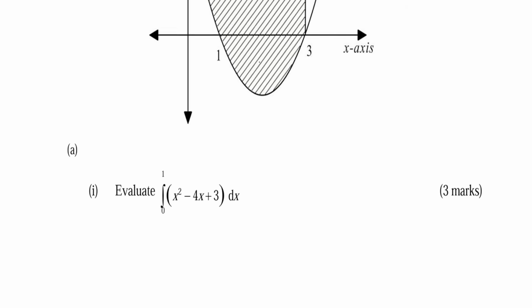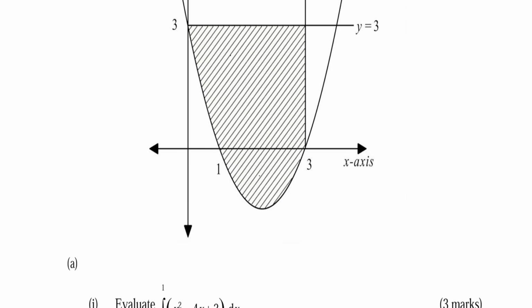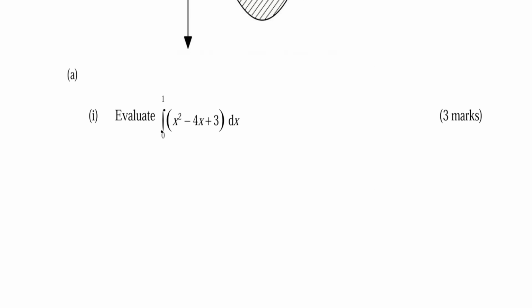So for the first question, we're calculating for this region, which is here. So that's the answer to the first question. So let's find it out. So we integrate. You need to integrate x squared minus 4x plus 3.